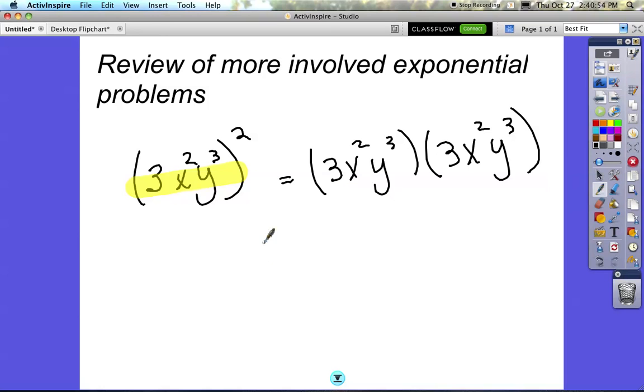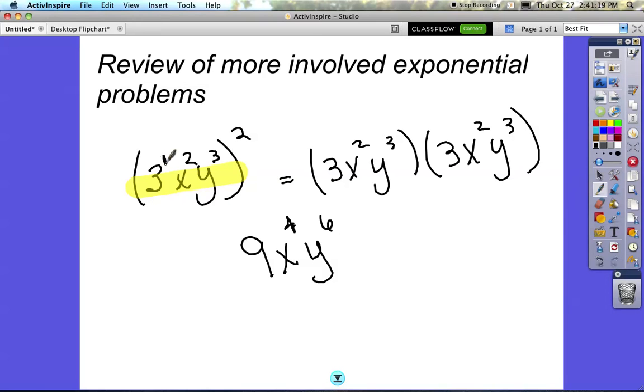3 times 3 is 9. X squared times x squared, 2 plus 2 is 4. Y cubed times y cubed, 3 plus 3 is 6. So there's one method. Now the other method is when you raise a power to a power, you multiply.